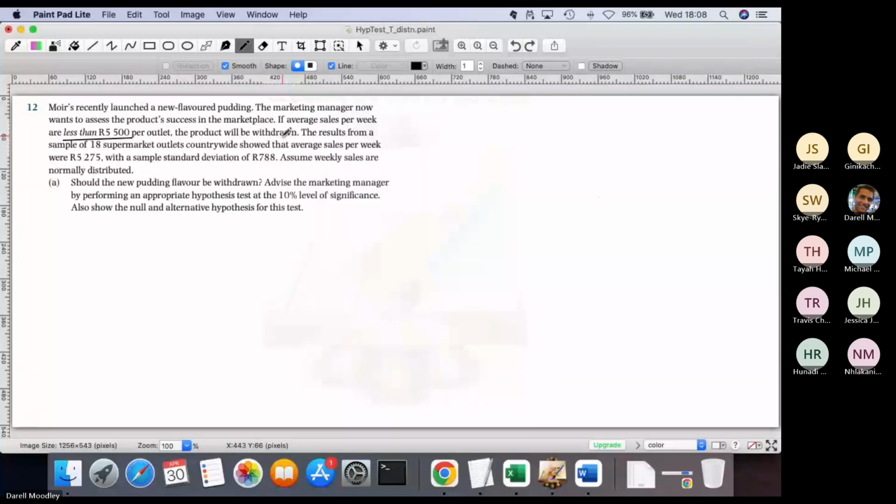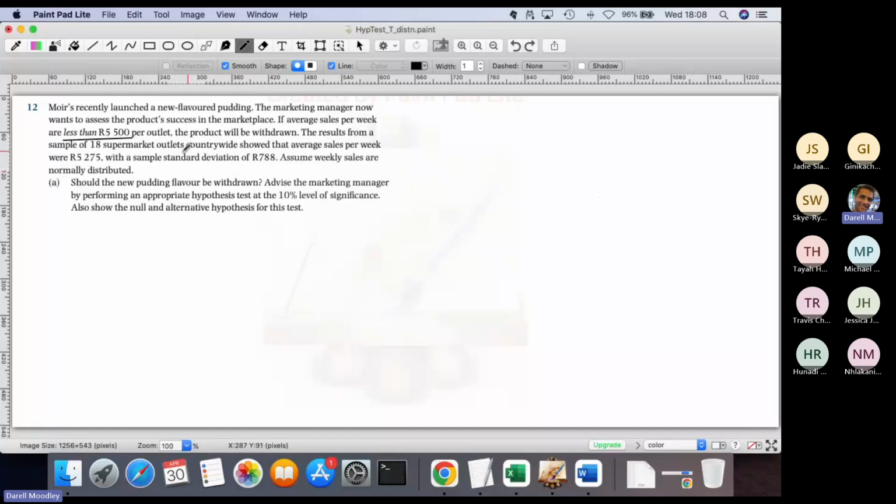They're deciding that if the average sales is less than 5,500 rand, then it's not going to be feasible and they're going to withdraw this product. However, if the results are more than that, or at least 5,500, then they would keep the product.